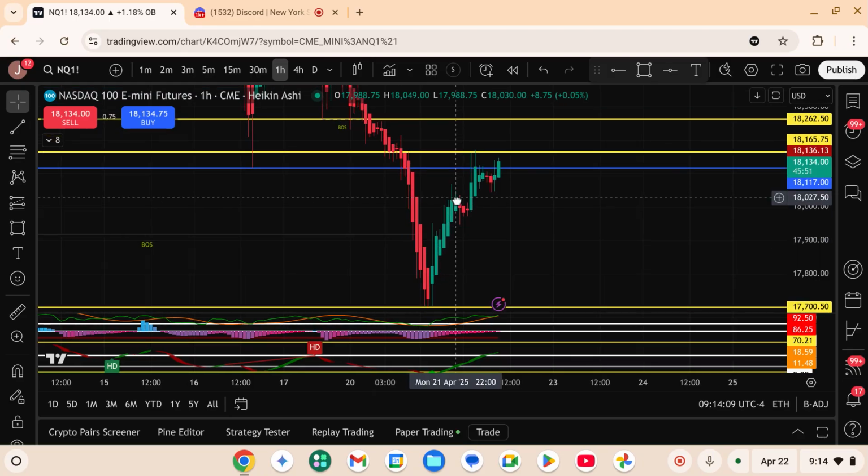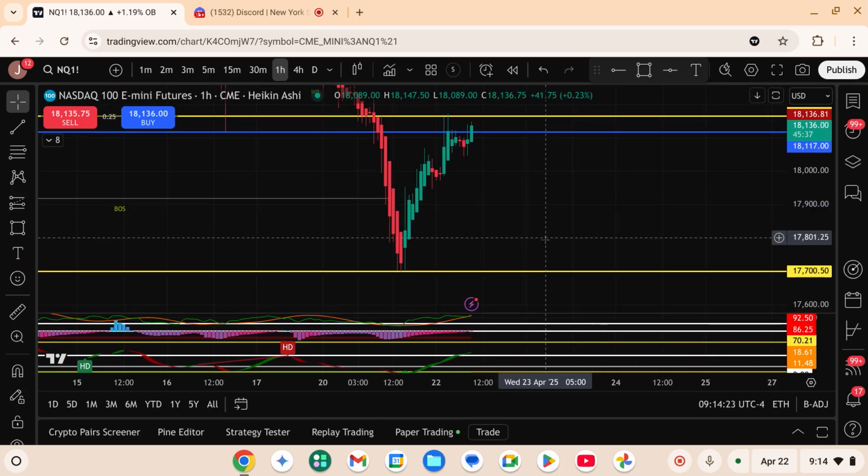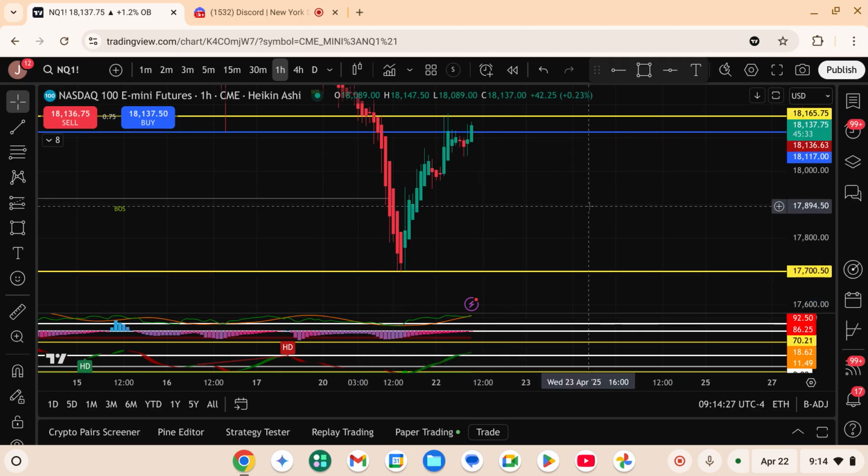Came back. If it rejects here, this will be the first area that it targets. And if it breaks through there, it's going to target this. So we'll go ahead and draw this 1 hour.